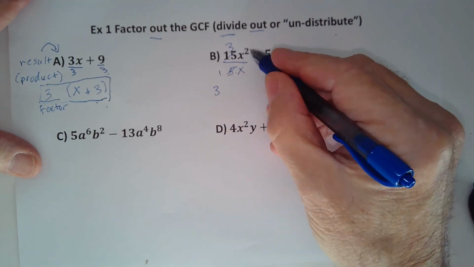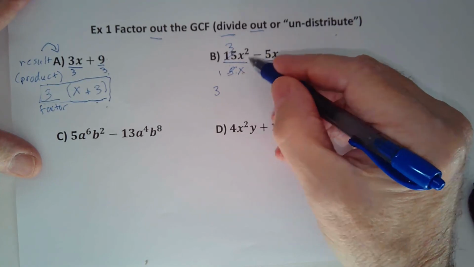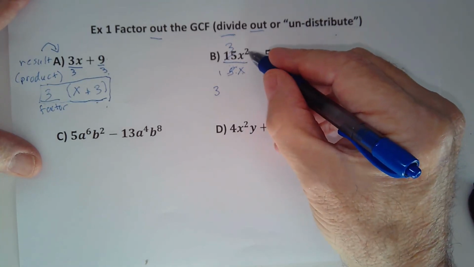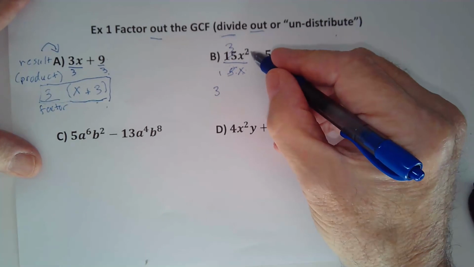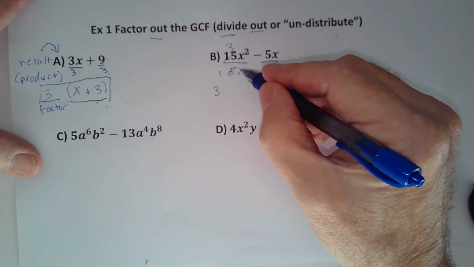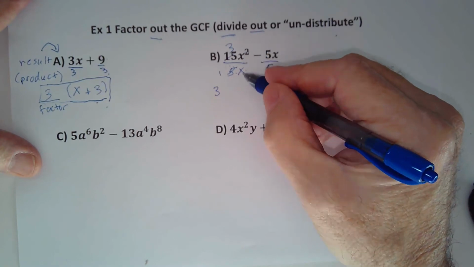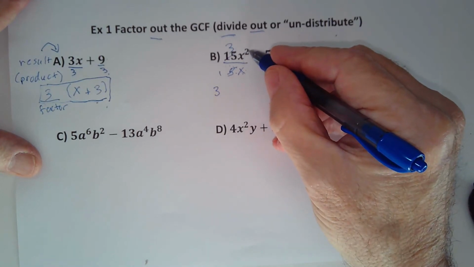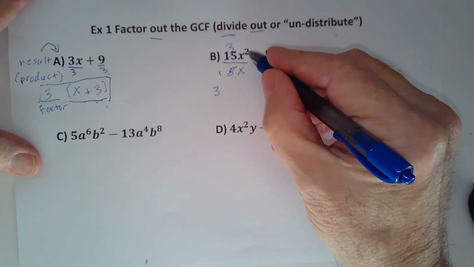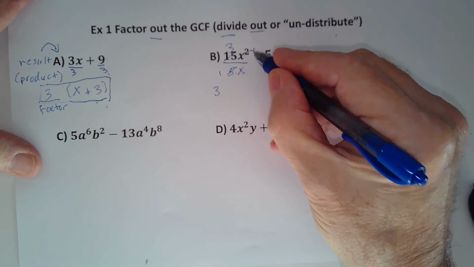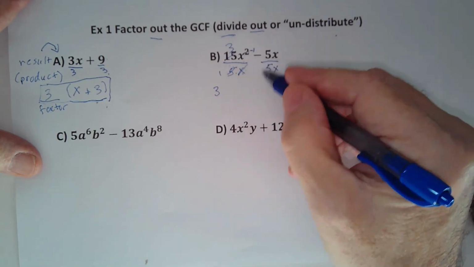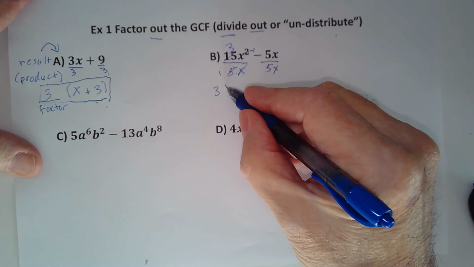And then x squared divided by x, well, that's really x to the 2 minus 1. When you're dividing with exponents, all you're doing is subtracting the exponents. So this is 2 minus 1, and this goes away, and so you end up with 3x.